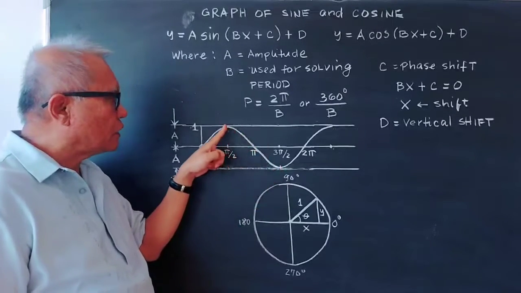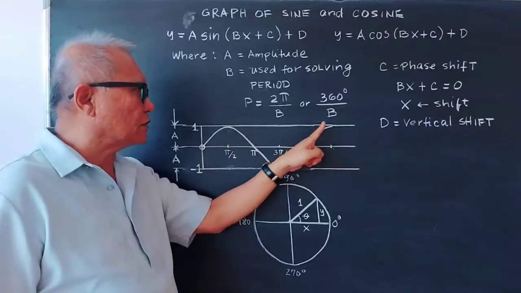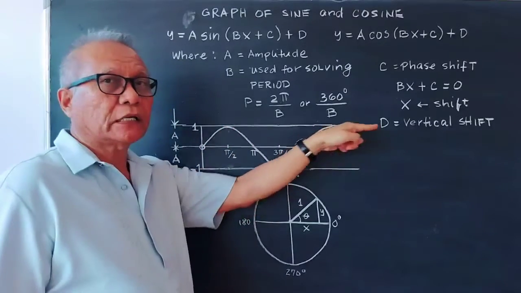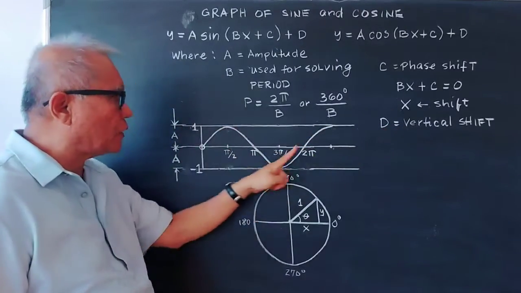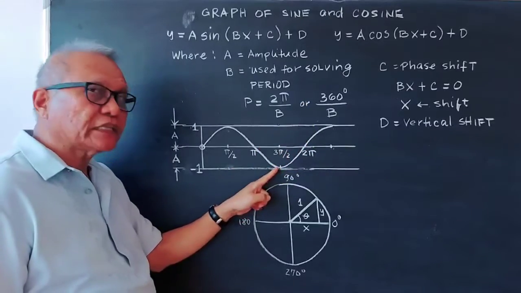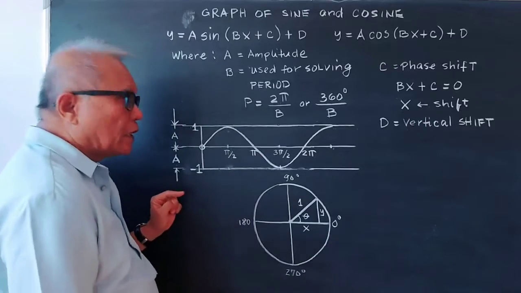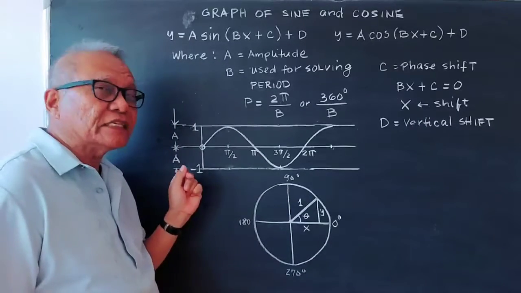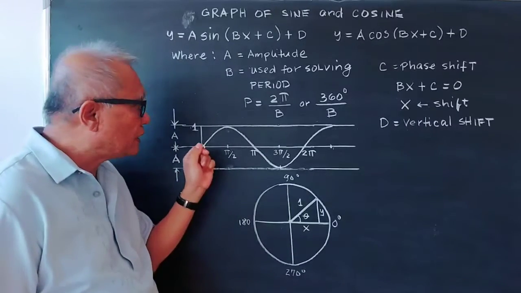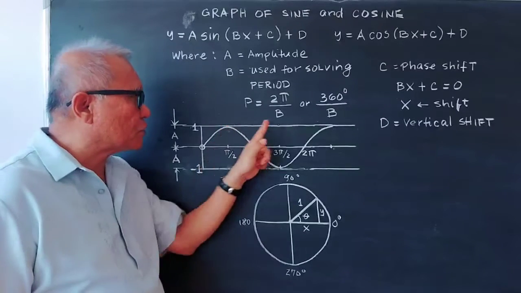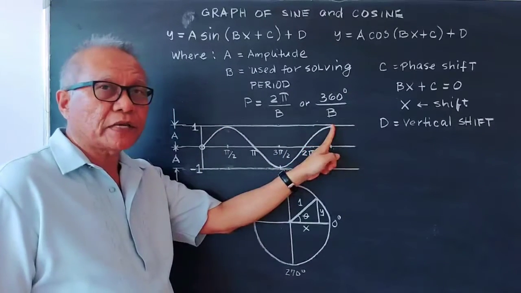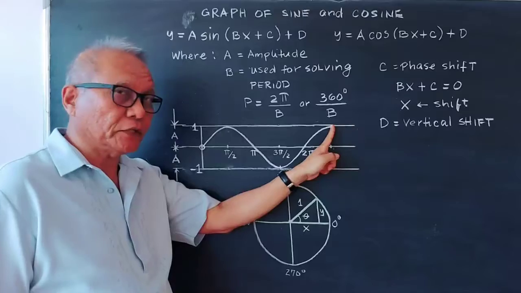So here we have a crest, another crest there. We have so many crests if we are going to continue our graph, and we have so many troughs here also. Okay. Period is the displacement, meaning from crest to crest, that is one displacement or period.